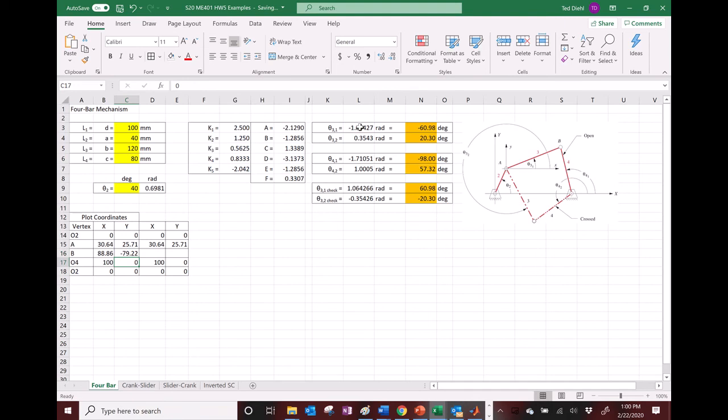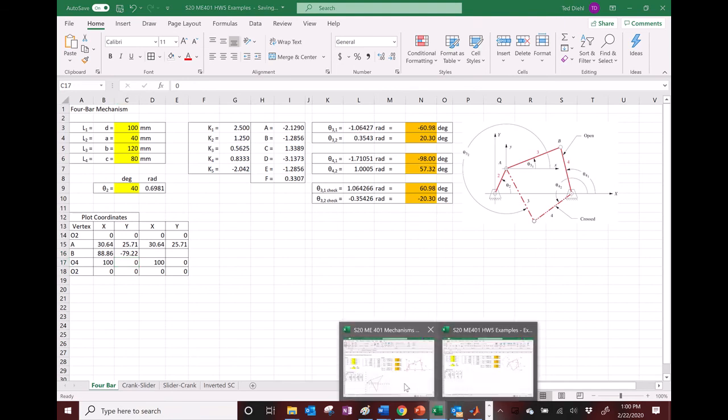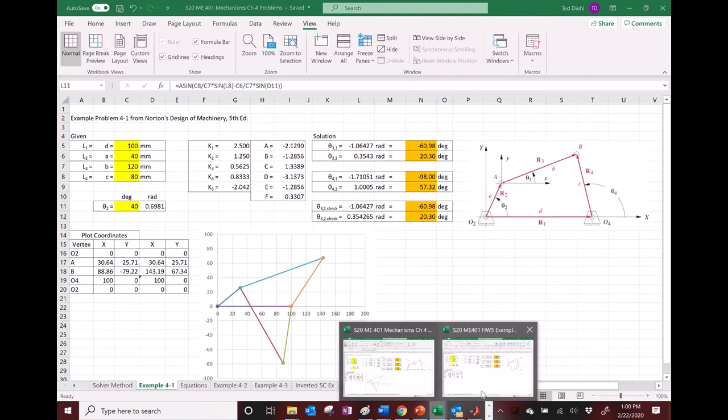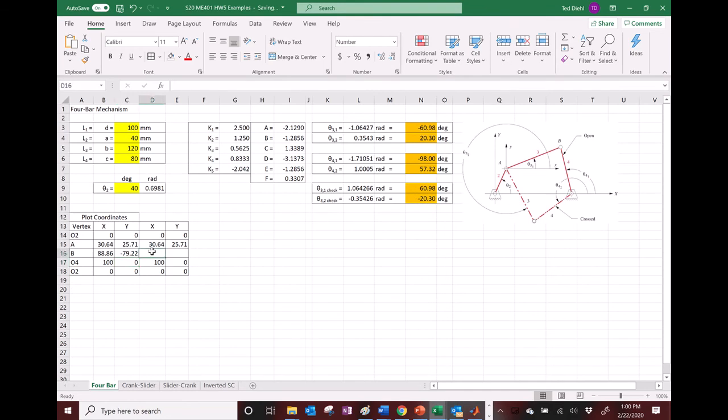All right, let me see if I got the right thing for my other one. Yes, I did. Okay. And then up here, similarly, we'll add that x direction plus this times the cosine of theta 3.